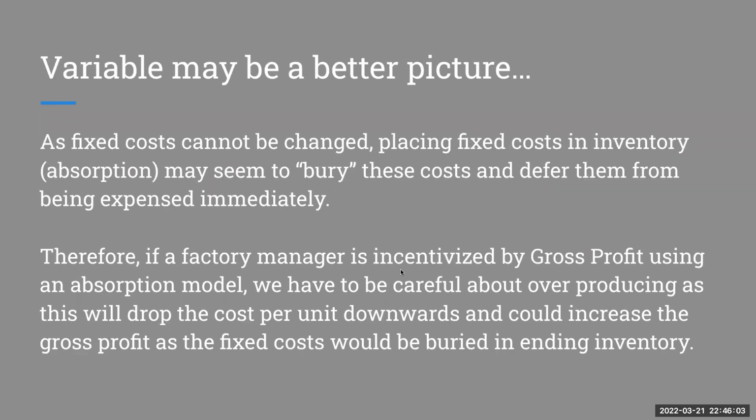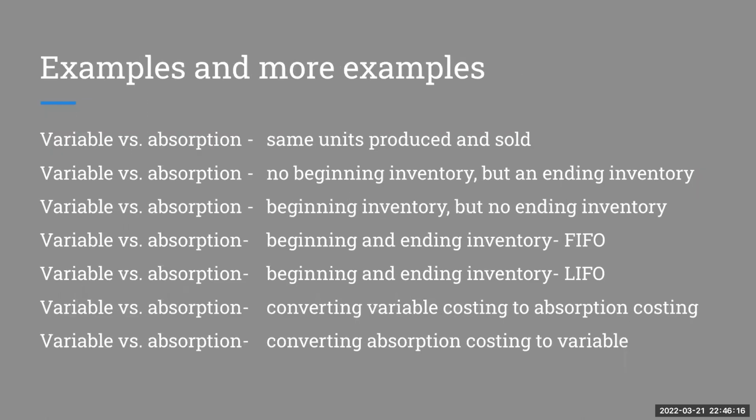But there is a problem with the overproduction of inventory. So using these variable costing income statements can be very powerful for getting a better picture of how we're doing.